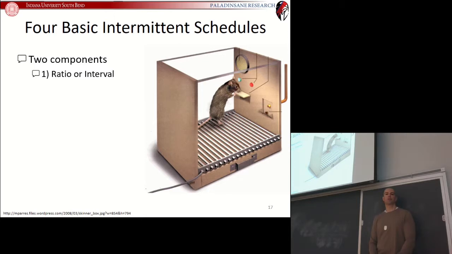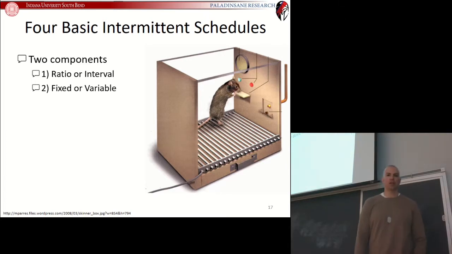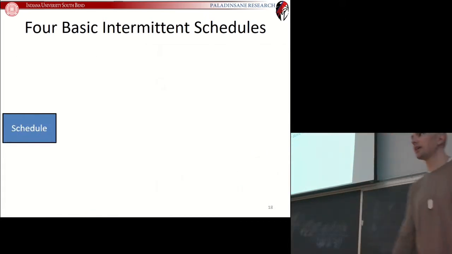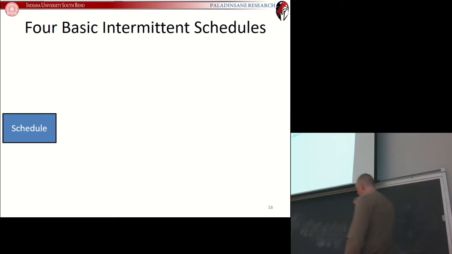So we'll go into more detail for these in just a moment. So first component, whether it's a ratio intermittent schedule or an interval intermittent schedule, and then whether it's a fixed schedule or is it a variable schedule. And you can get every single combination of those 2 components. So let's take a look into it a little bit more in detail.